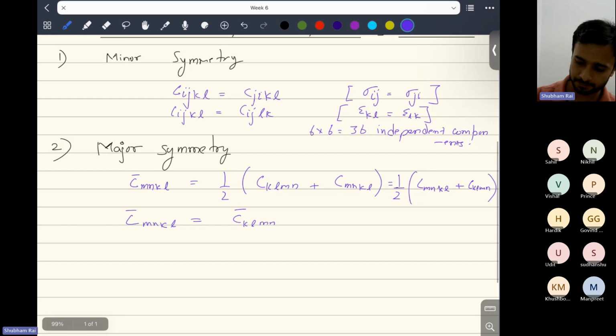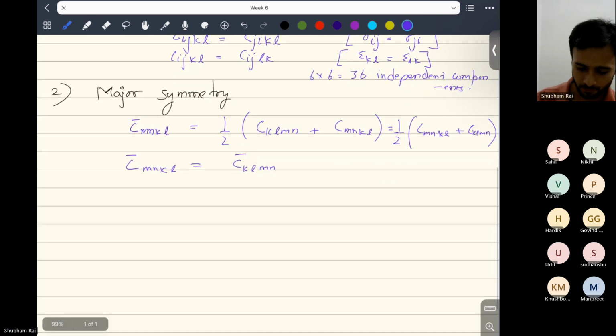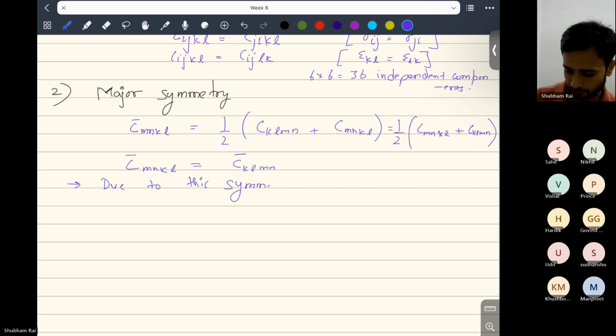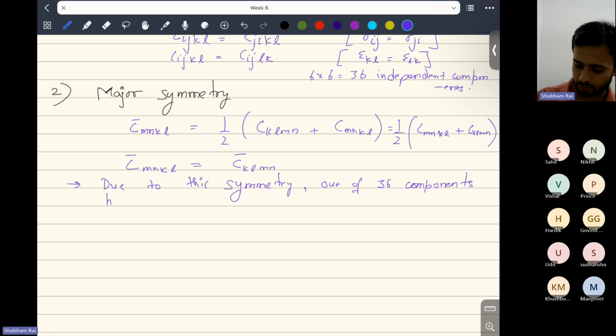So we can say that due to major symmetry, out of 36 components, only 21 are independent.